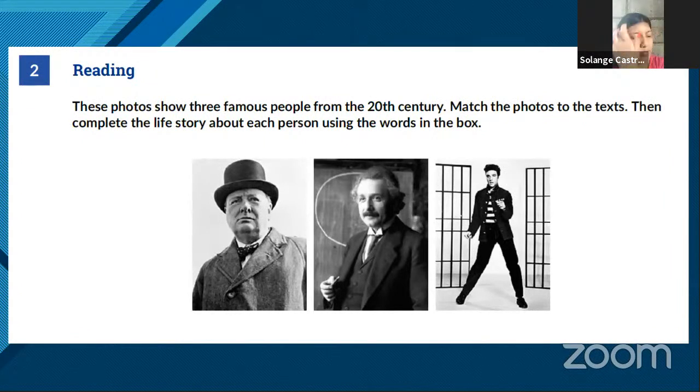He was from United States. He was a singer. He was American. He was married to Priscilla Presley. He was handsome. He was rich. Okay, good. A lot of facts about Elvis Presley.